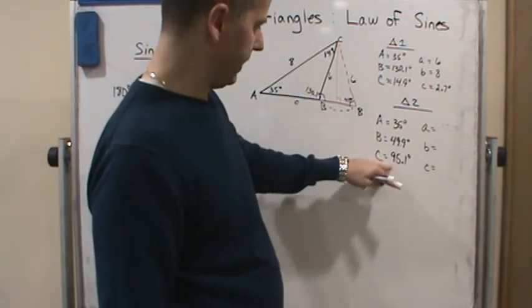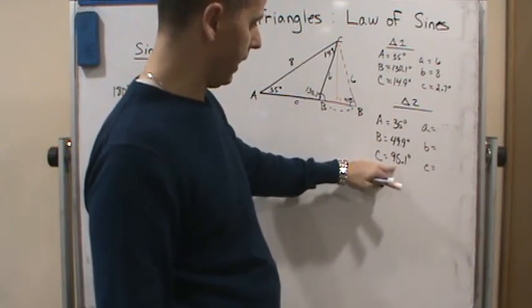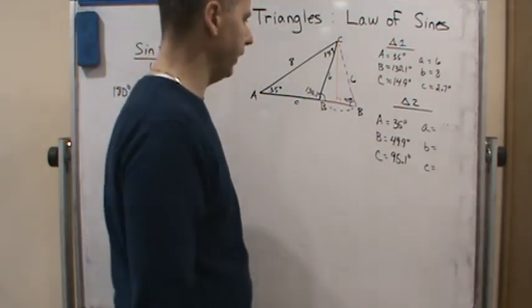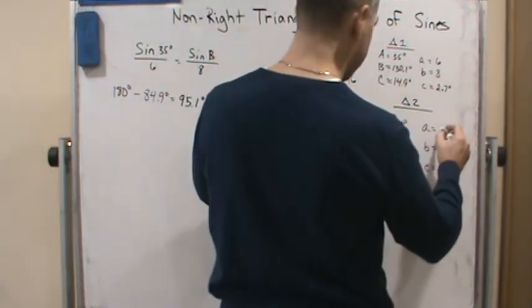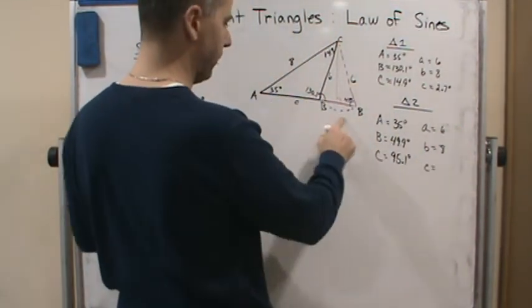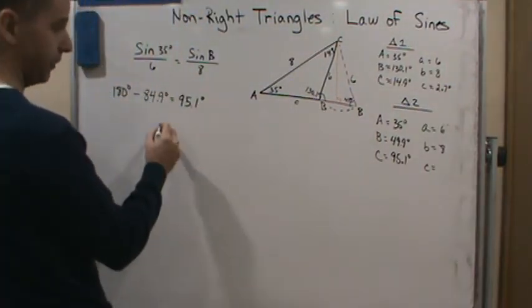So if you add these two together, you get 50 plus 95, which is 145. 145 plus 35 is 180. So we're good. Now A and B are still the same, so this is 6 and this is 8. But C is going to be bigger. Now we've got to solve for C. This is where the law of sines is going to come in.